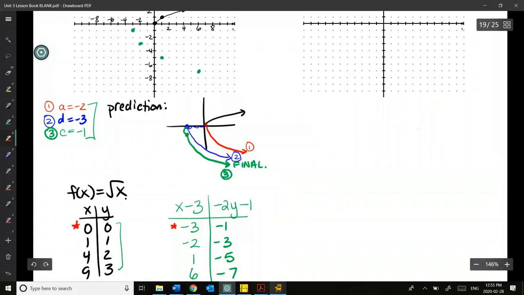That's the point -3, -1. So that's actually this point right here. On the other end of this function, I will have an arrow, but this is the starting point. So I shouldn't be going any further than that red point toward the left. Okay, so it should look something like this.